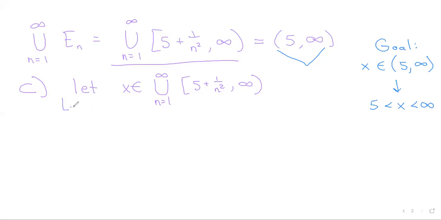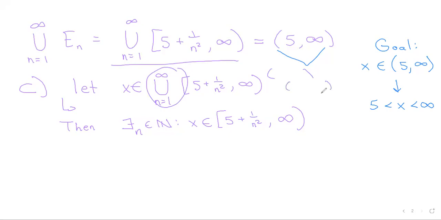So from here, if we let x exist in the union, then there exists an n in the naturals such that x exists in this given interval right here, because the union means all cases.